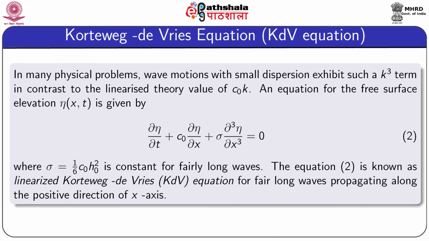Equation 2 is known as the linearized KdV equation for fairly long waves, and this wave is propagating along the positive direction of the x axis.